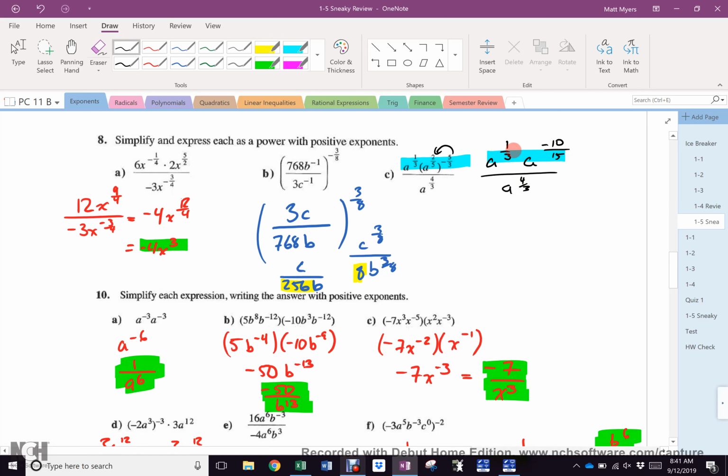Now 1/3 is 5/15. 5/15 minus 10/15 is a to the negative 5/15 over a to the 4/3. 5/15 is, of course, negative 1/3. Negative 1 minus 4 is a to the negative 5/3, which is 1 over a to the positive 5/3. And that's all we had to do.